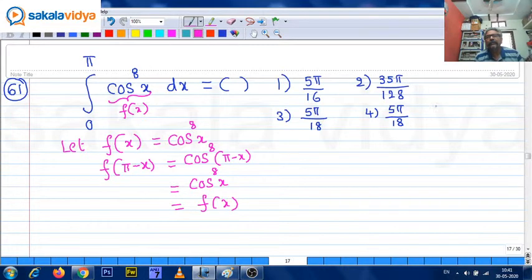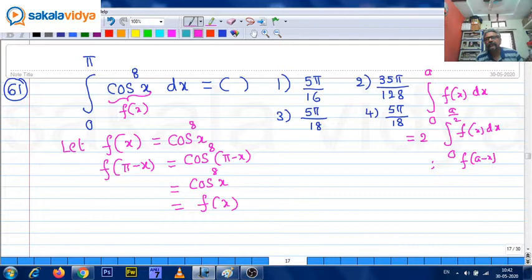So we have this formula: integral 0 to a of f of x dx equals 2 times integral 0 to a by 2 of f of x dx, if f of a minus x equals f of x.